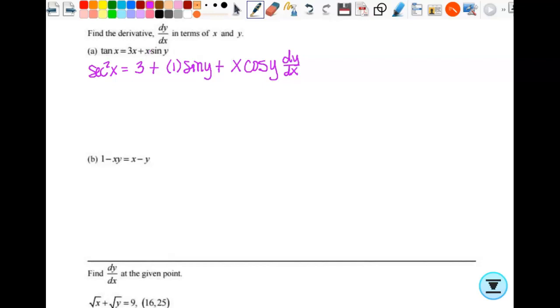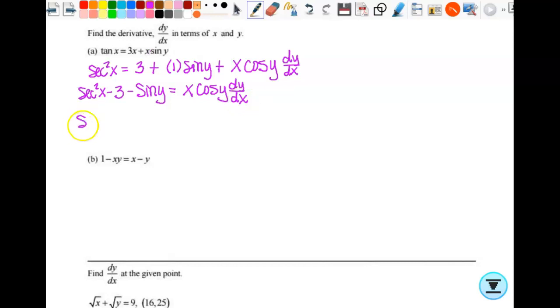So I want to isolate my dy/dx term. I'm going to leave that on the right-hand side instead of moving it to the left. So this will give me secant squared x minus 3 minus sine y equals x times the cosine of y times dy/dx. Then what do I do? Divide.